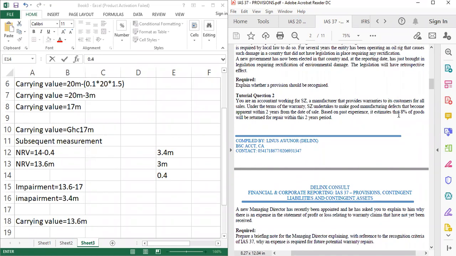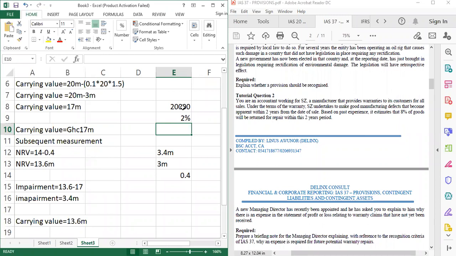If you want to know whether you are going to make provision for goods or not, if you are selling 20,000 goods, and they are saying that 2% of these goods will be returned, is the 2% on the 20,000 material?